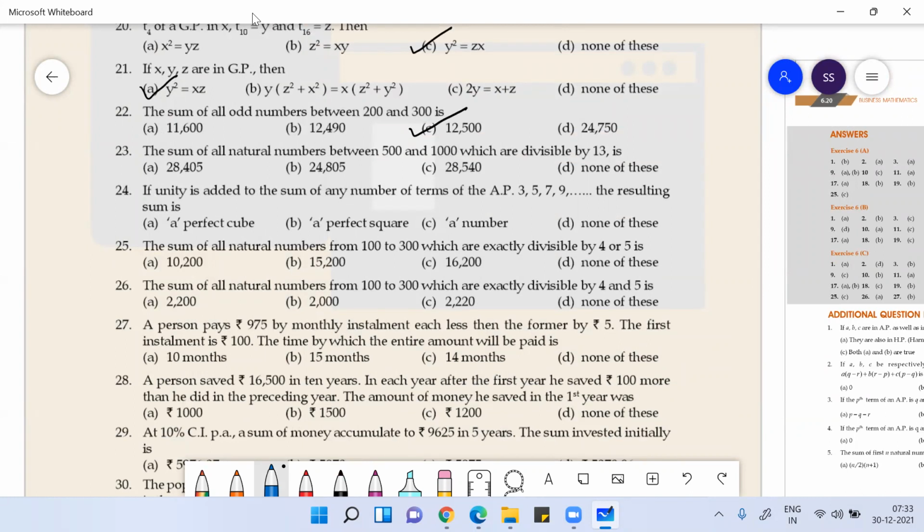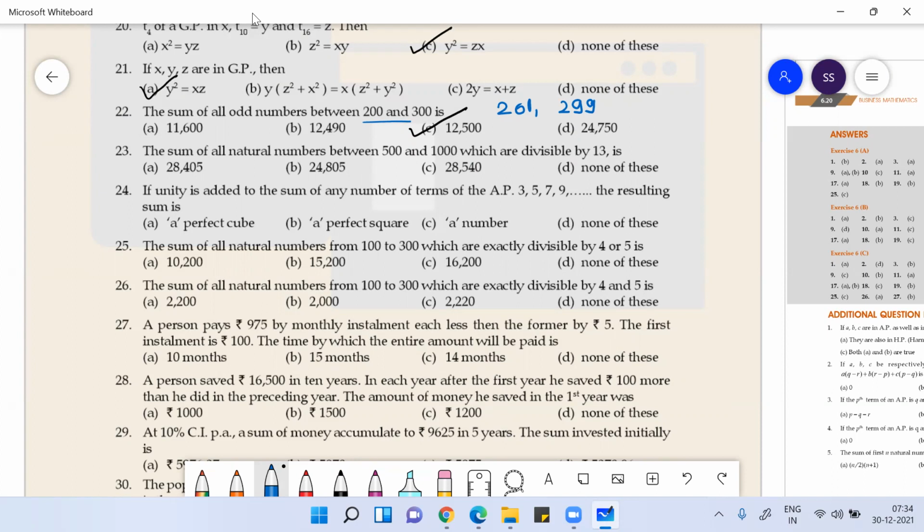22. Sum of all odd numbers between 200 and 300. The first odd number will be 201, the last odd number will be 299. How many odd numbers will there be between 200 and 300? Tell me.